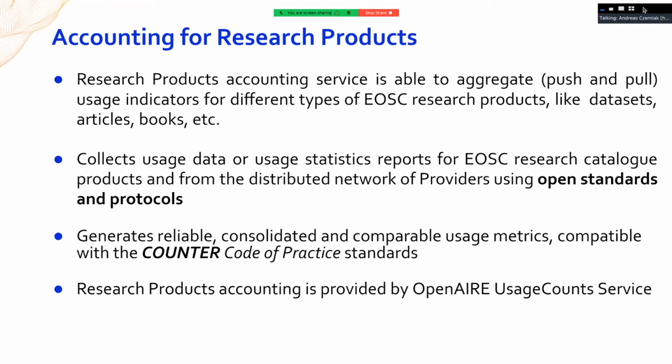In the context of EOSC, this is more data sets, and we also have experience with article and book indicators that we are collecting from different points of services that I'm showing later in the slides. We have two types, as I said. This is the pull and push that I will show in a minute.